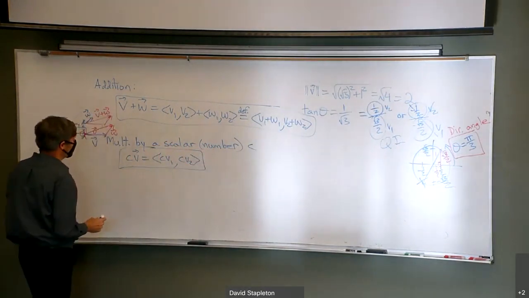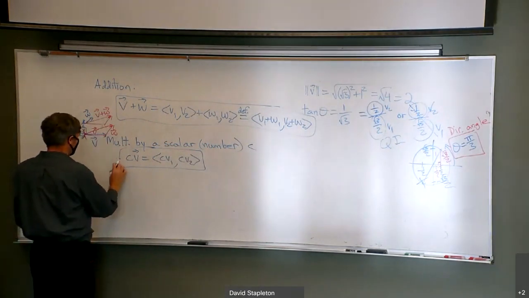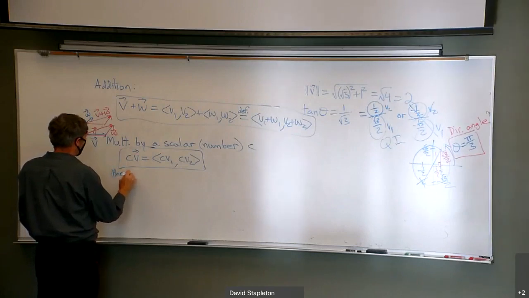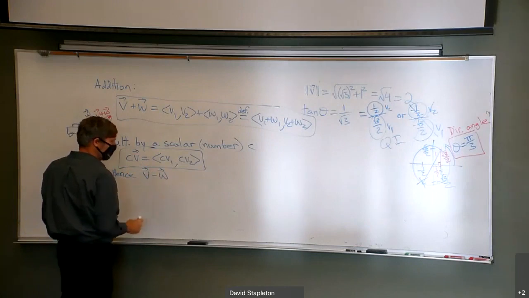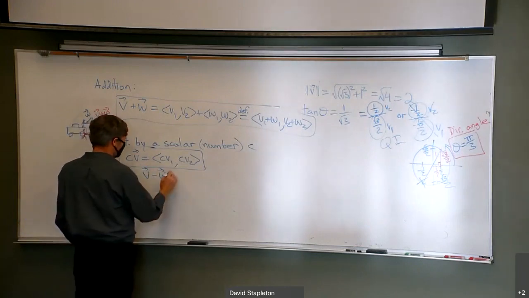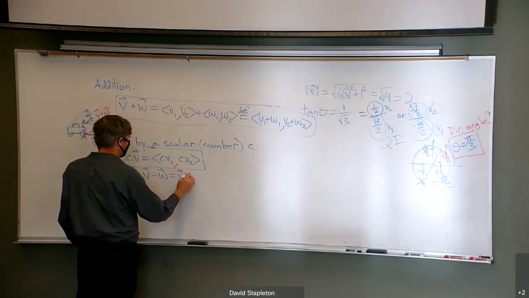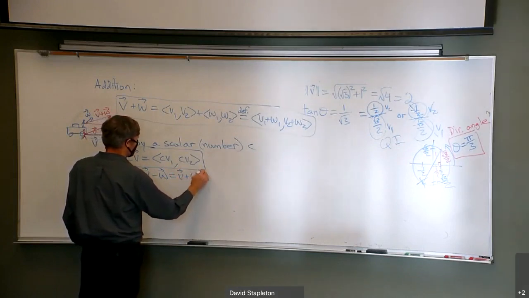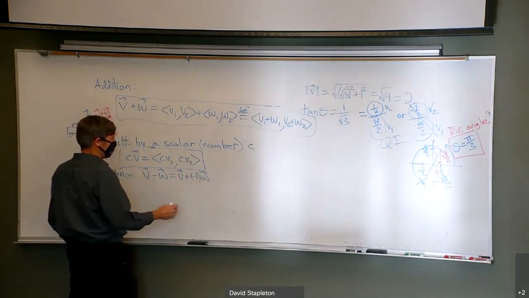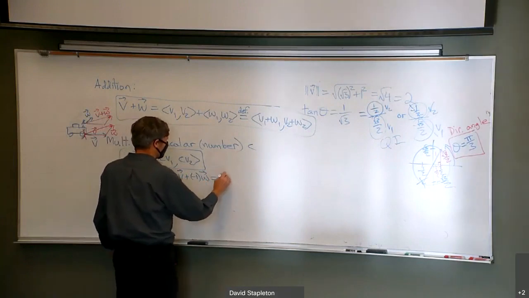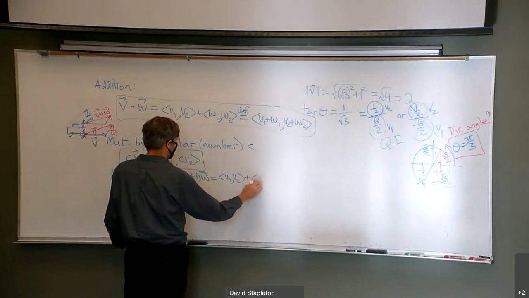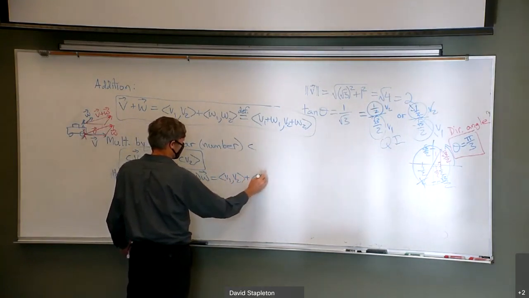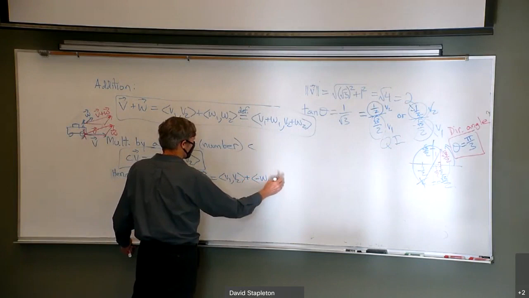And then this implies subtraction. If you want to take a vector v minus a vector w, what should you do? Following numbers, you say, that must be v plus minus 1 times w. And minus 1 times w is where you multiply each component by minus 1, so it's minus w1, minus w2.